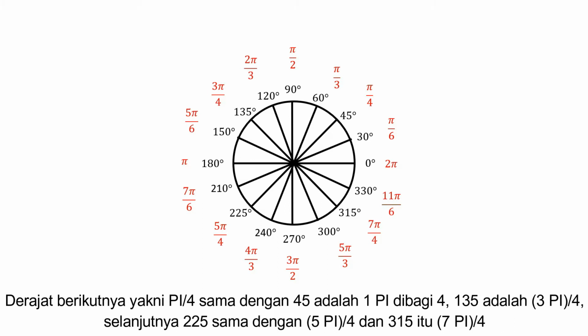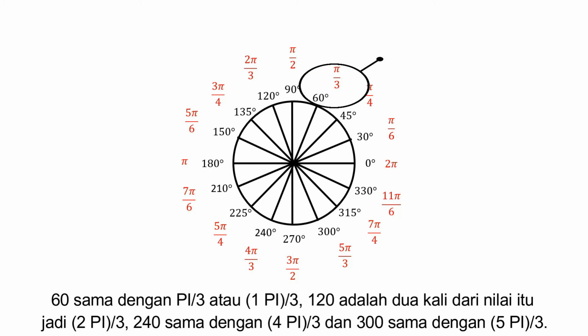Next, you have the pi over 4. So 45 is 1 pi over 4. 135 is 3 pi over 4. 225 is 5 pi over 4. And 315, that's 7 pi over 4.